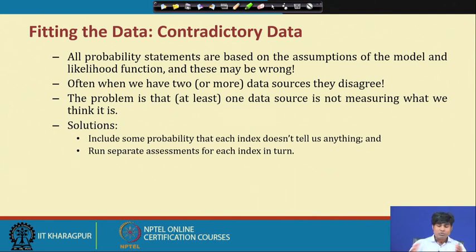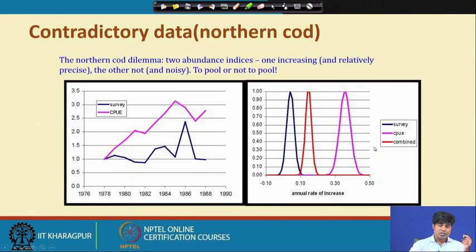So, we have a different structure of handling the data and the modeling. Let us have a look here. Contradictory data: one part of this structure follows a simple pattern, and the other one is having something different.